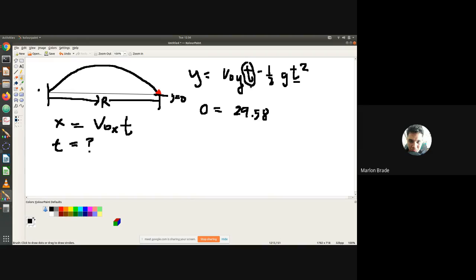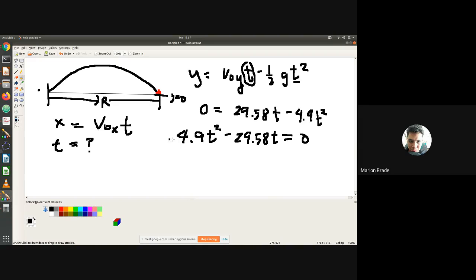So, the t here, we factor out t. So, this is minus 9.8 divided by 2, this is 4.9 t squared. Okay, so we have a quadratic equation: 4.9 t squared minus 29.58 t is equal to 0.